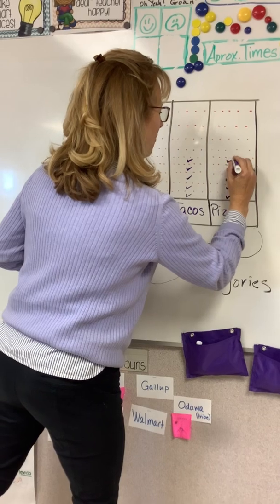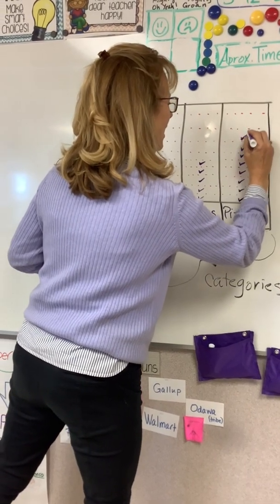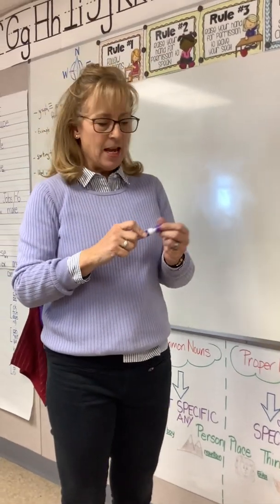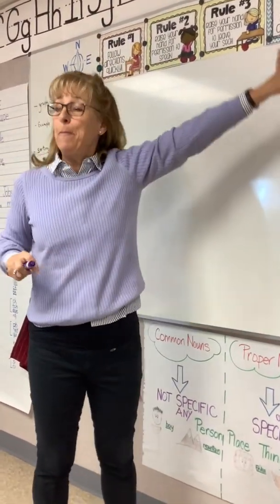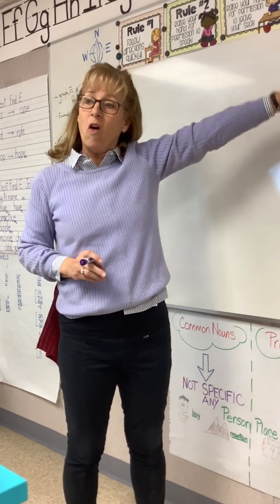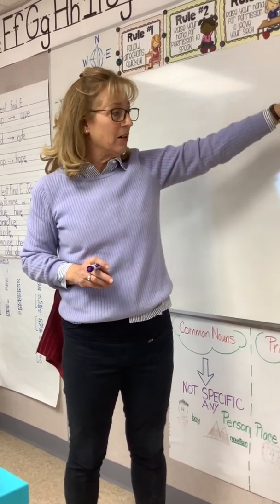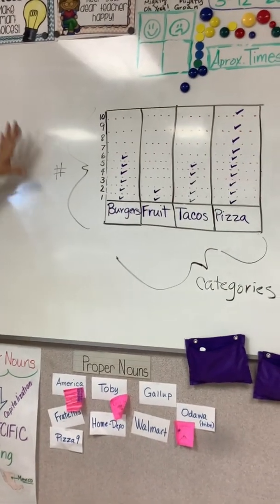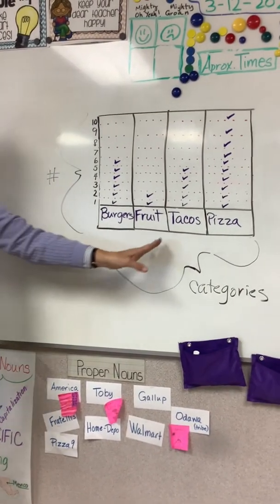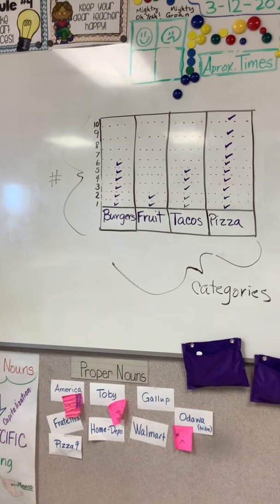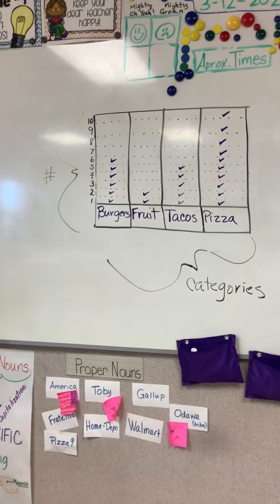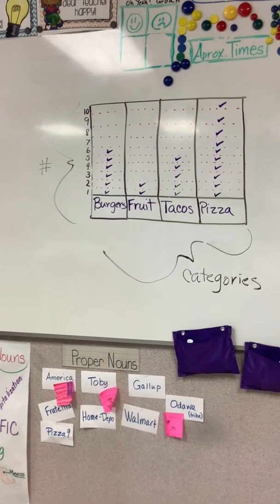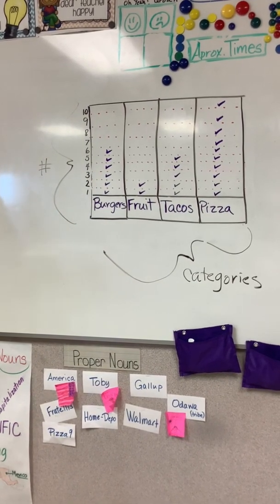Okay, now we have a picture of all the people in our classroom, a picture representing the number of people that like certain foods, that think those foods are their favorites. Now, if I look at that from back here, I can see pizza is definitely the favorite, isn't it?